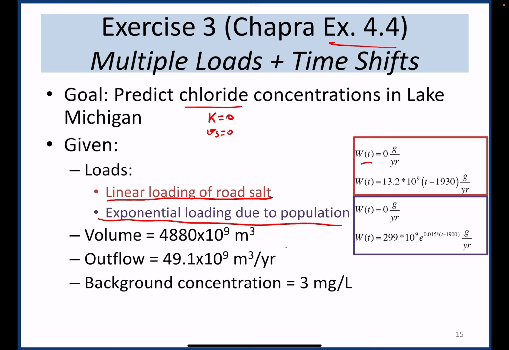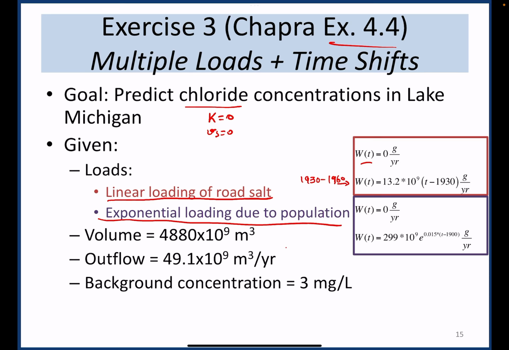And from 1930 until 1960, according to the example, the load changed: 13.2 times 10 to the 9 times (t minus 1930), and the whole thing is in grams per year. And that is from 1930 to 1960.